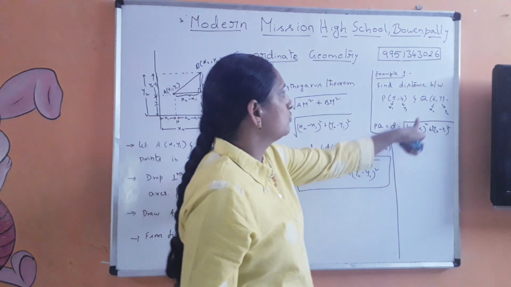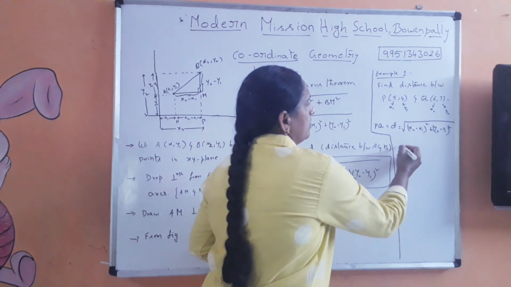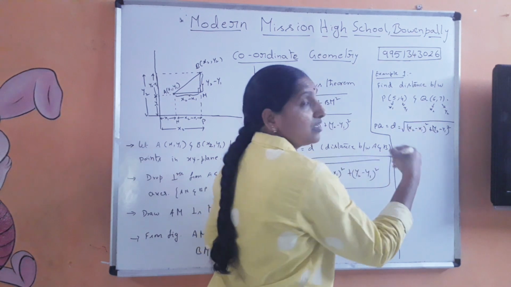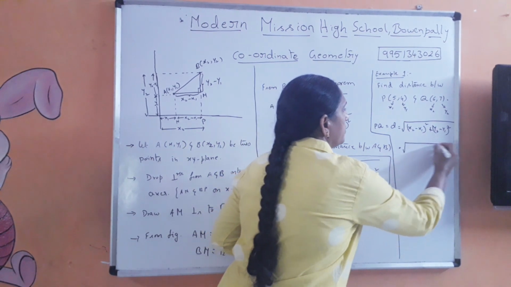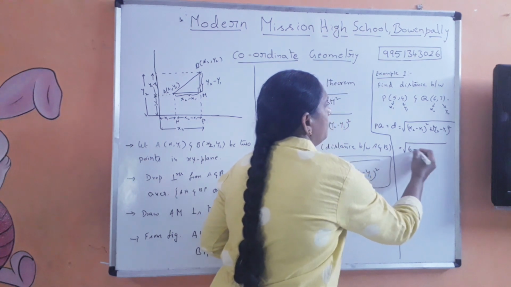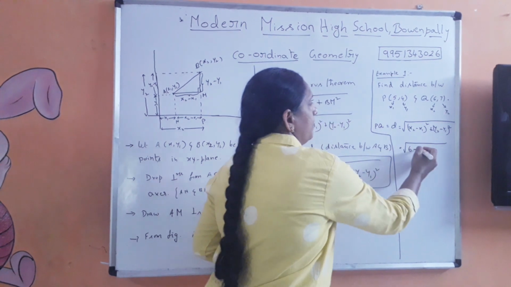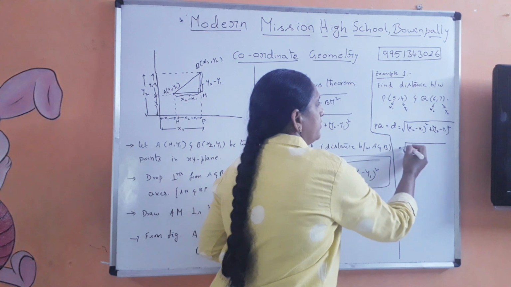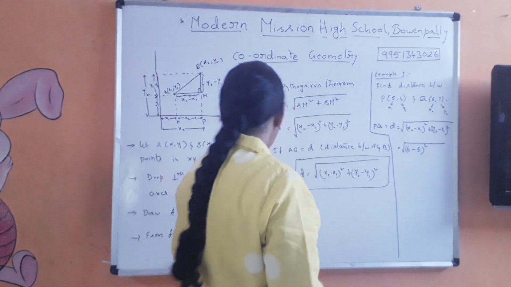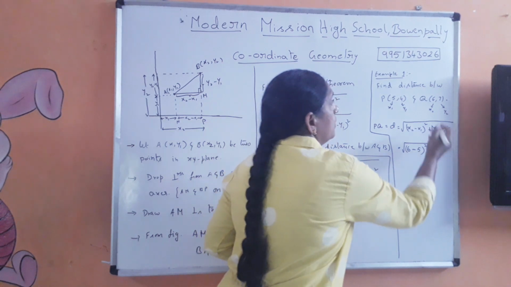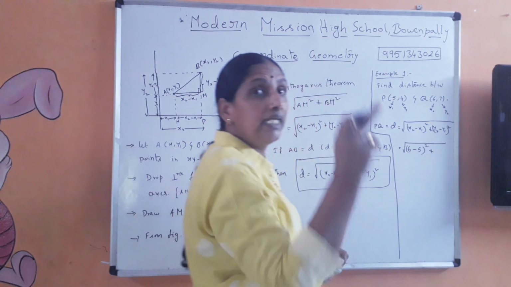Take the value of x2. What is x2? 6. That is the abscissa of the second ordered pair. 6 minus what is x1? The abscissa of the first ordered pair. 6 minus 5 whole square, plus y2, the ordinate.